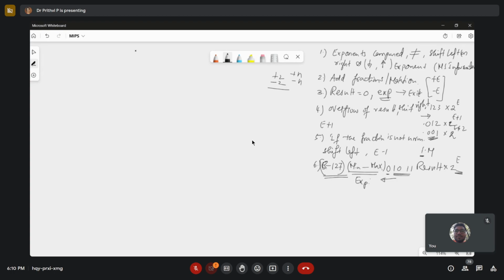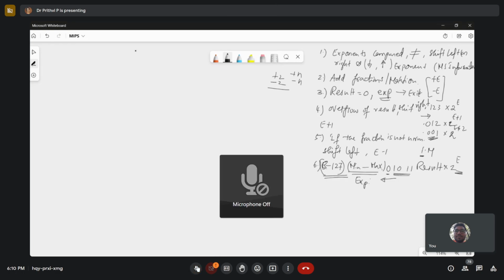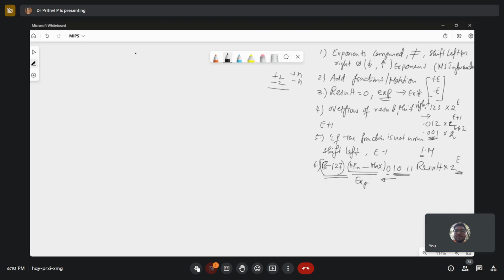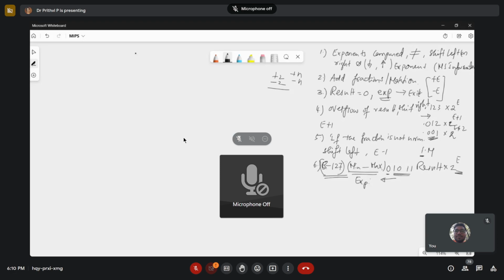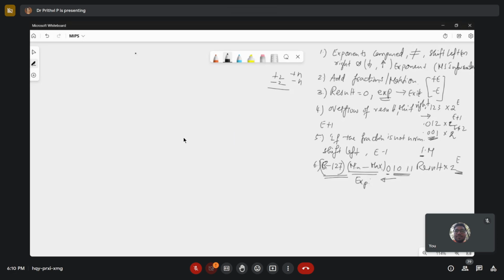Shall I share the flowchart picture to the group? You can share the picture, and you can compare that with the flowchart you have implemented. So the general steps of addition will be something like this. Like yesterday we have seen multiplication and division also.